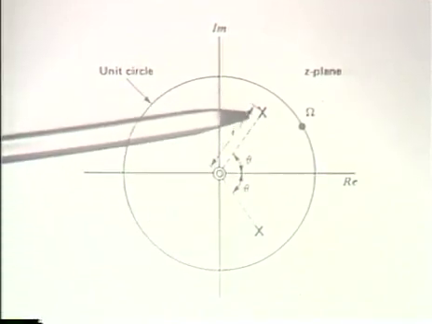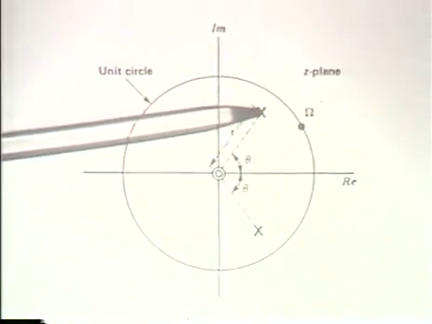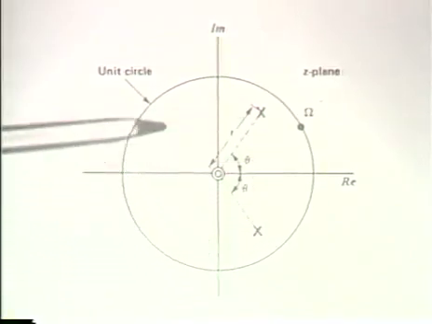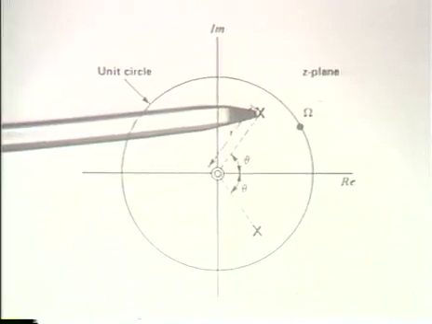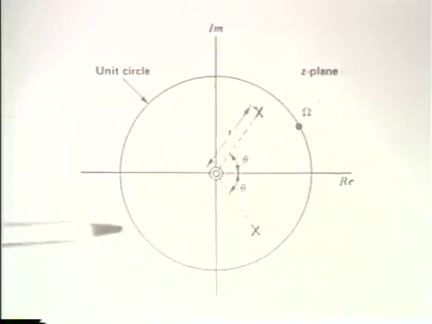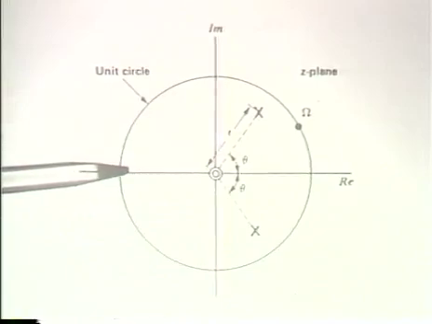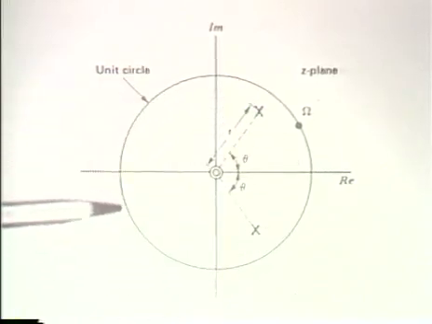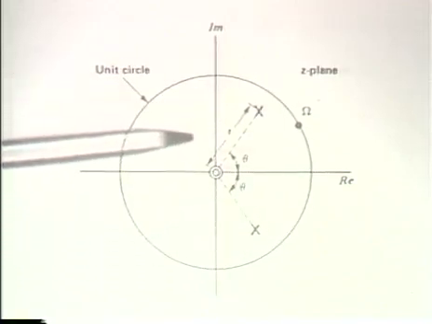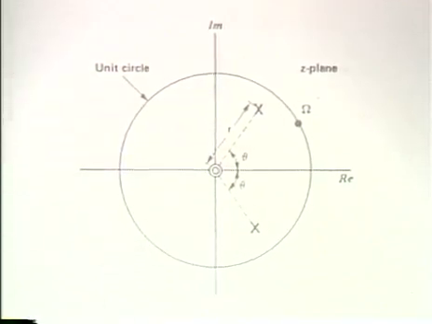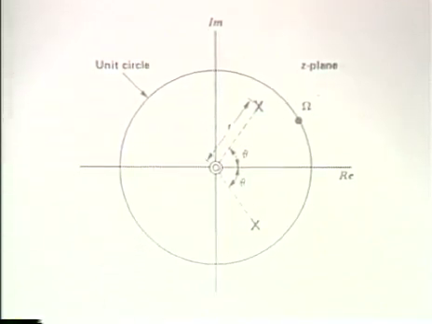If we assume the system is causal, the region of convergence is outside these poles, and that would include the unit circle, which means that the system is also stable. As long as the region of convergence includes the unit circle, we can also talk about the frequency response of the system.